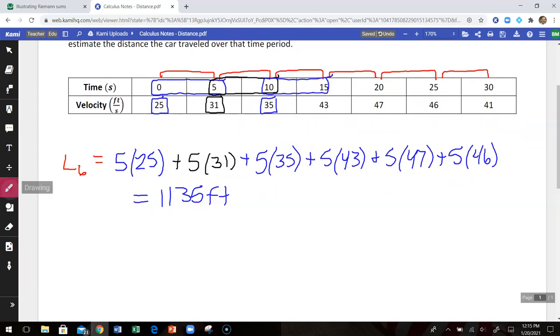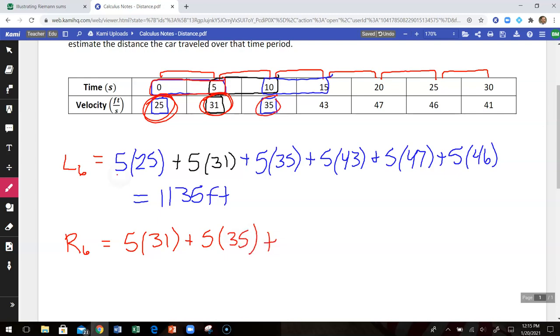Now, I could do the exact same thing using right endpoints. From 0 to 5, it's going to have a width of 5, but instead of using my velocity at 0, I'm going to use my velocity at 5. And then from 5 to 10, I'm going to use my velocity at 10, which would be 35.